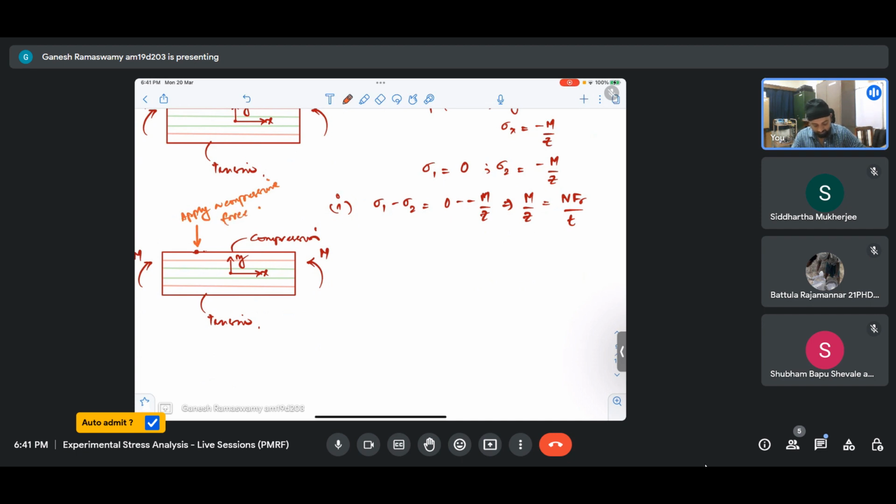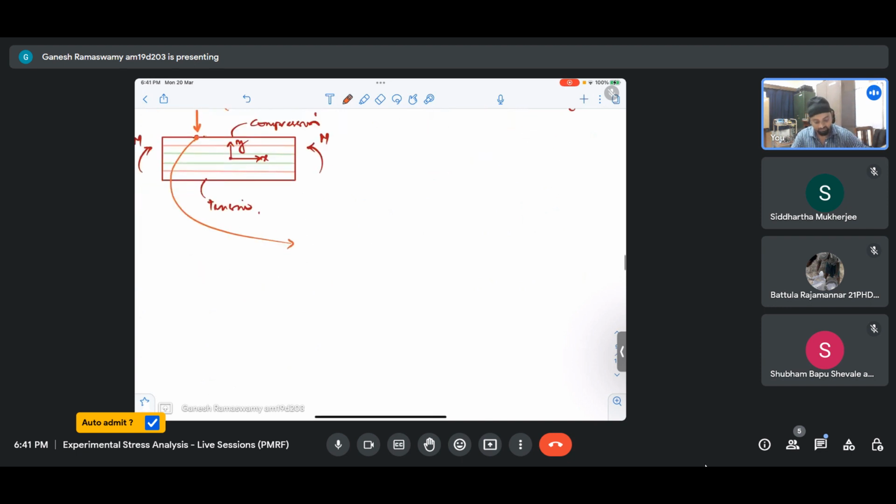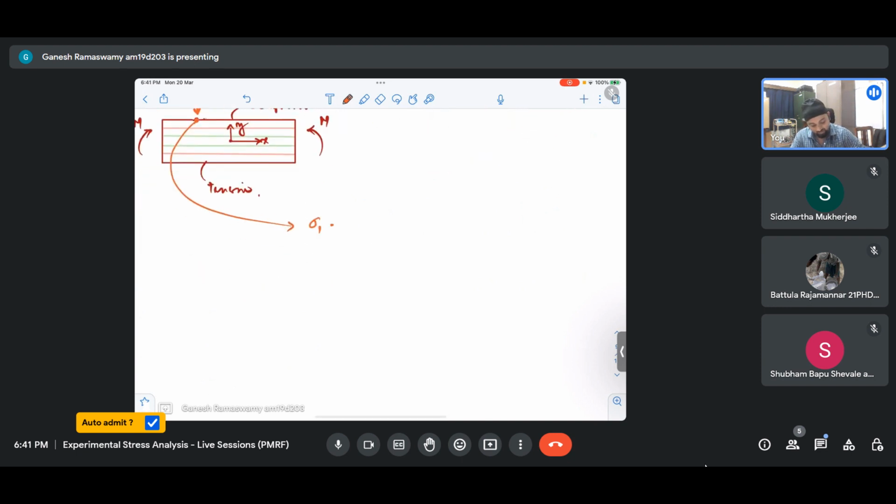Now at this point, if I again were to analyze it, there is some compression that is being applied. Let us say this will be sigma y.